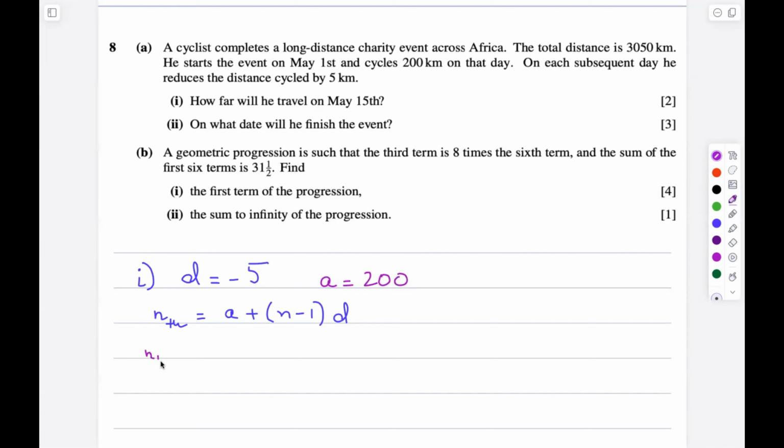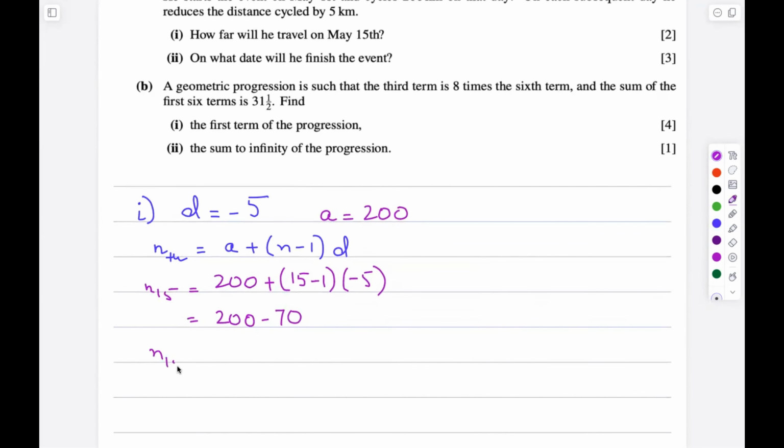Finding the 15th term, it will be 200 plus 15 minus 1 into d, which is minus 5. So 14 into minus 5 is minus 70. So 200 minus 70 will be 130. So on the 15th day, he will travel 130 kilometers.